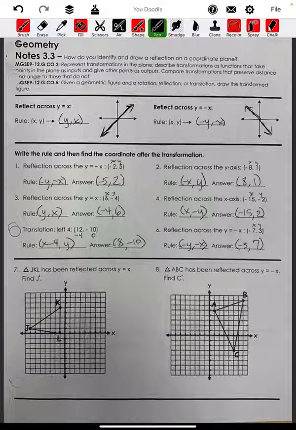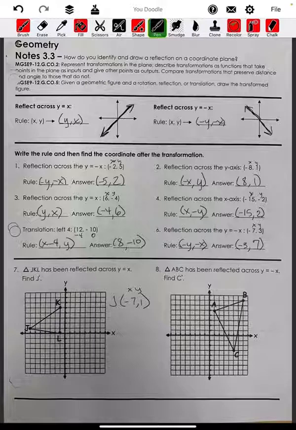We have 2 more examples on the front page of our notes. Number 7, it says triangle JKL has been reflected across y equals x. Find J prime. All right? So what we have to do is find J, the regular J, without the prime. So for that one, we have to count over 7 spaces to the left, which makes it -7, and 1 space up. Okay, so that's 1. All right? So again, you can identify your x and y.